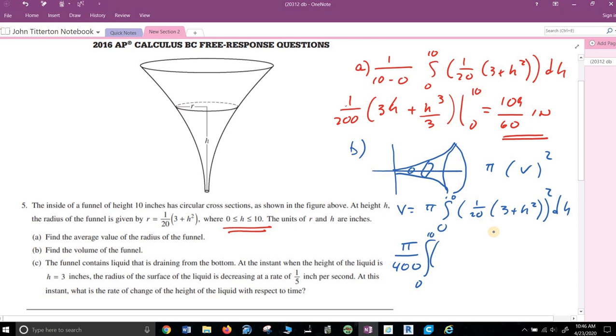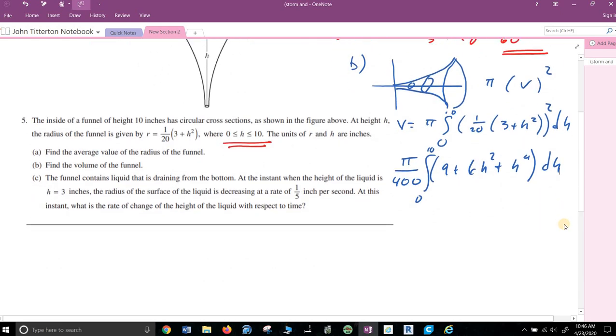Blast this out, multiplying 3 plus h squared times 3 plus h squared: 9 plus 6h squared plus h to the fourth, and then we have a little bit of calculus finally.